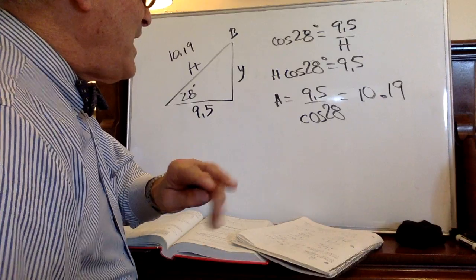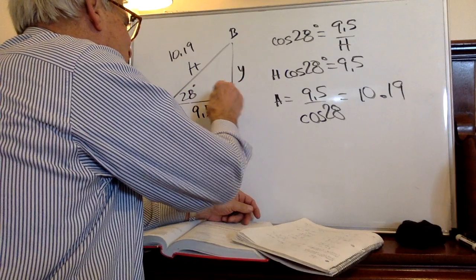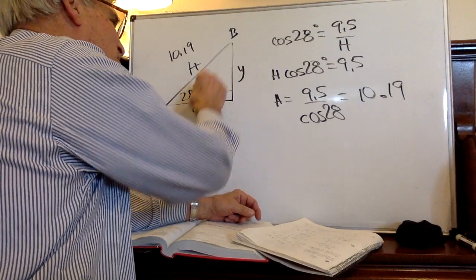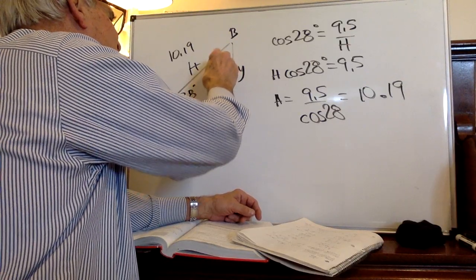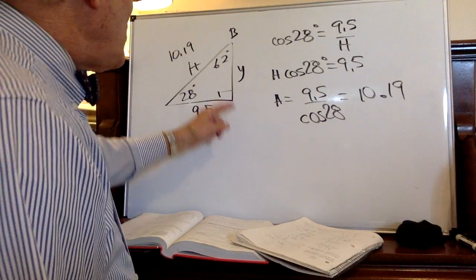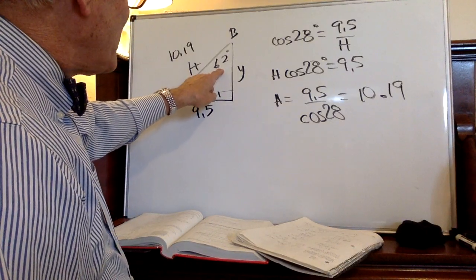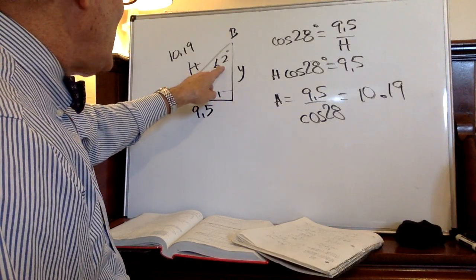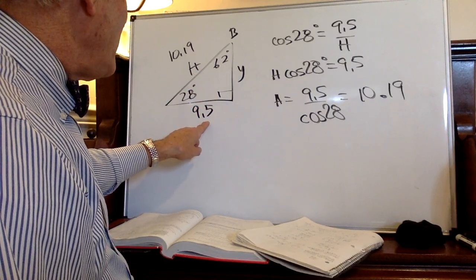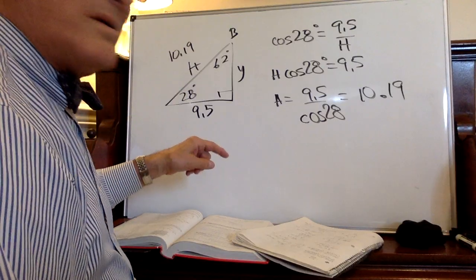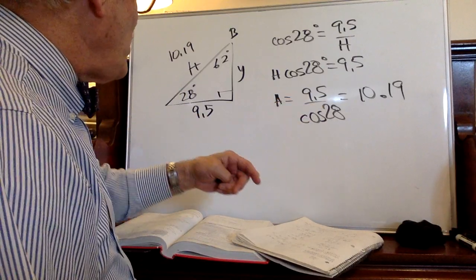Likewise, I also know the following. Since this is a right triangle, if that's 28 degrees, I know this is the complement. The complement of 28 is 62. So I could have used 62 degrees to find h. I could say the sine of 62 is 9.5 over h. You're going to get the same answer, 10.19.